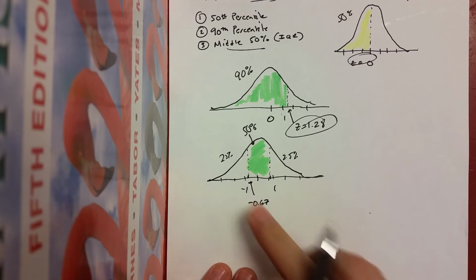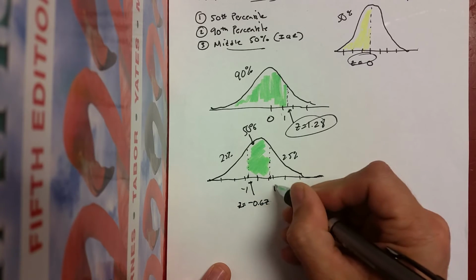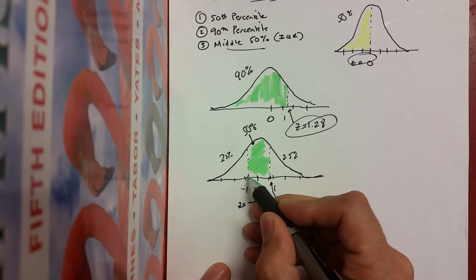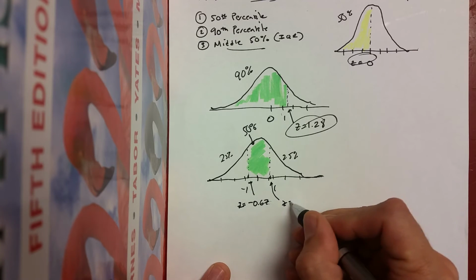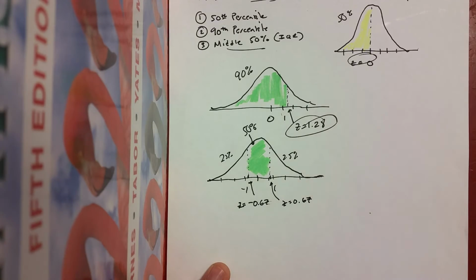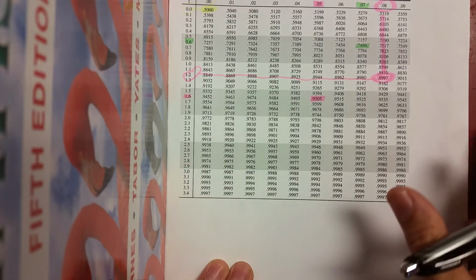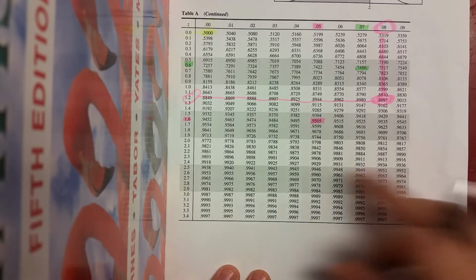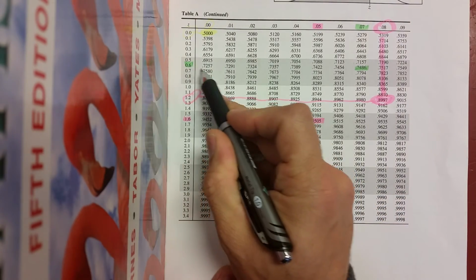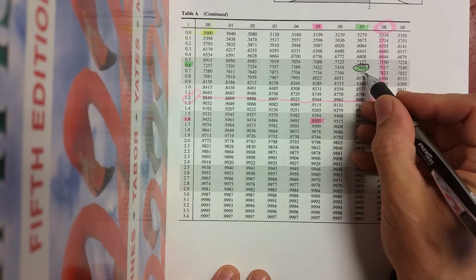Well, then by symmetry, what do you think this boundary over here would be? If that's 25%, that's 25% above. Wouldn't that just be a positive 0.67? It absolutely would. Let's check. Let's look at 0.67, and it says 0.7486.